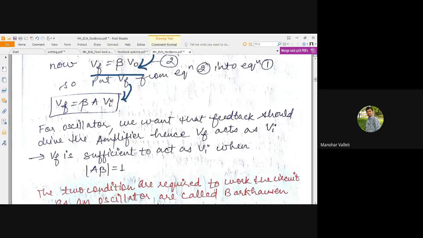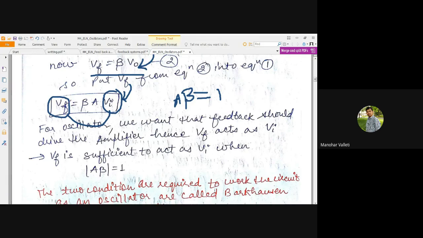So here, if the feedback signal has to be equal to Vi, then this A beta has to be 1. A beta has to be 1, right? If A beta equals 1, then only whatever feedback signal is coming will appear at the input.